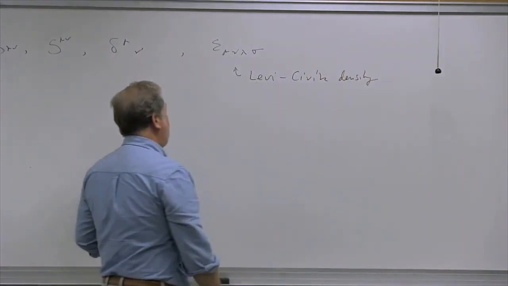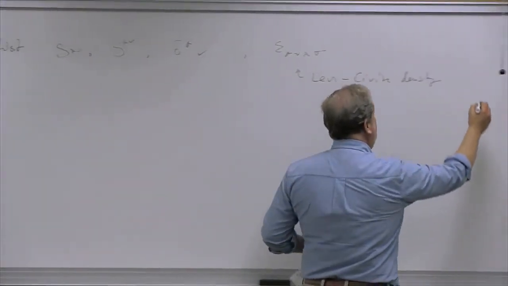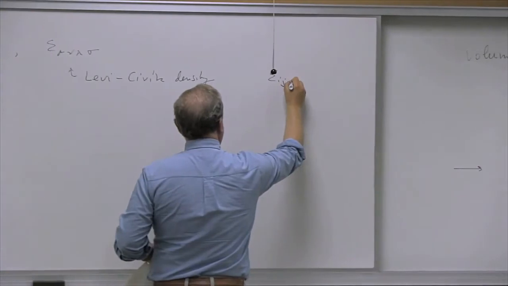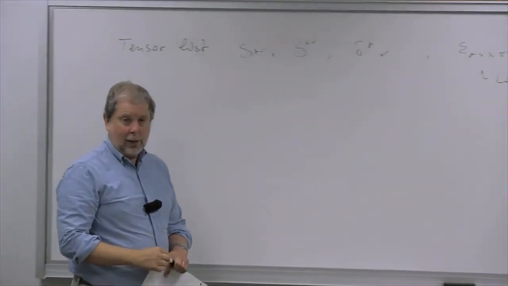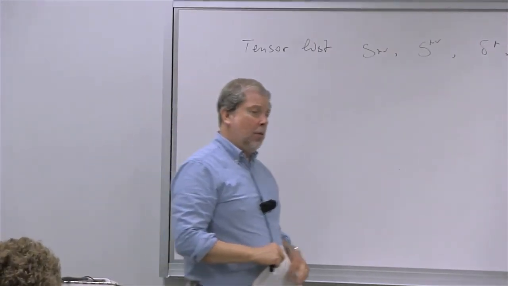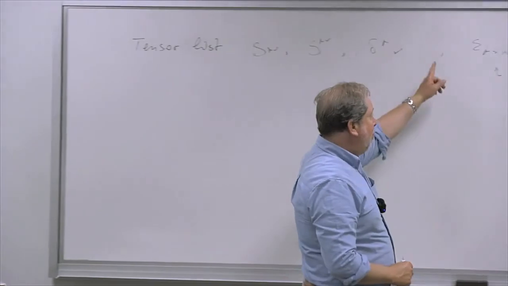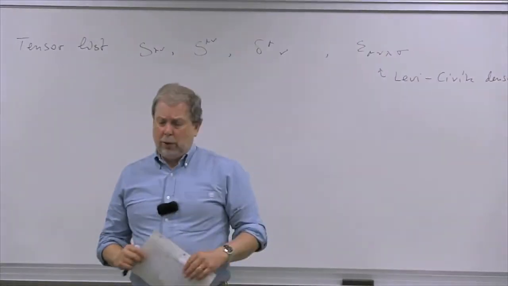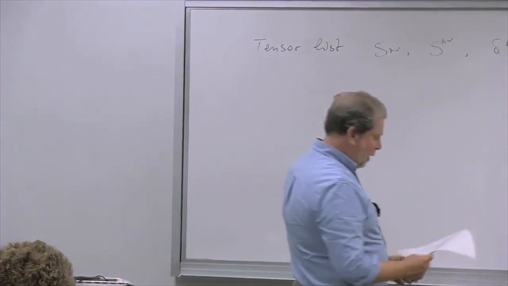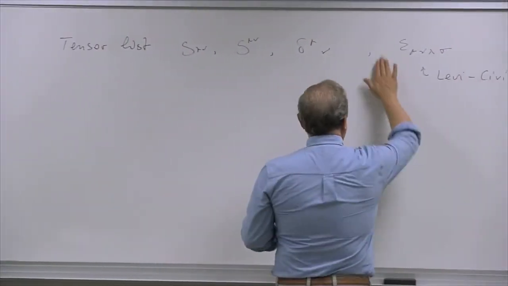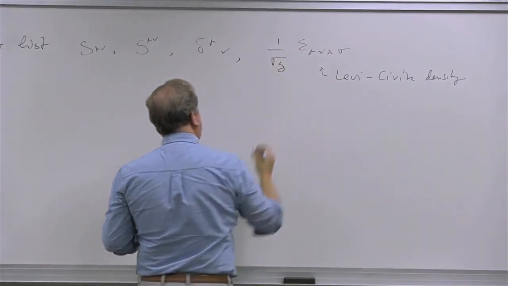Levi-Civita density, which has some use in general relativity, just like the epsilon ijk has a use when we discuss electromagnetism, right? So if you're in three-dimensional space, then all you can have is an epsilon ijk. But when you transition to four-dimensional space-time, then you have four indices for this completely antisymmetric tensor. And in fact, this thing is not a tensor, and I'll leave that as an exercise to show that you need 1 over square root of g.